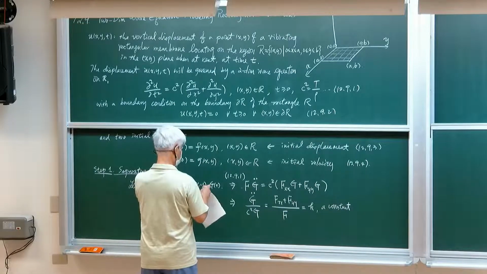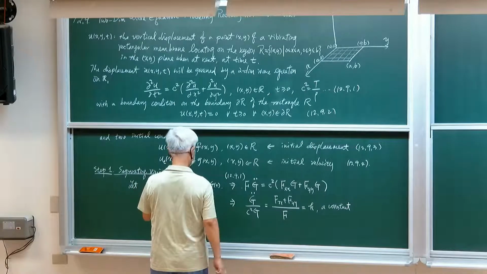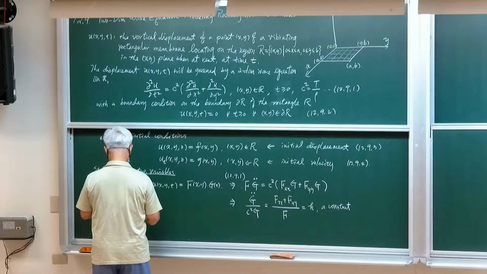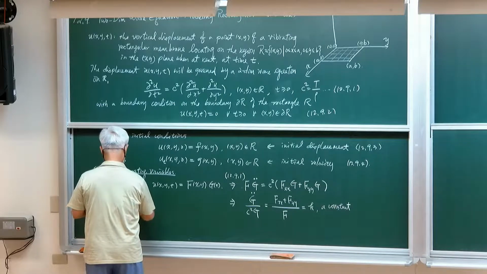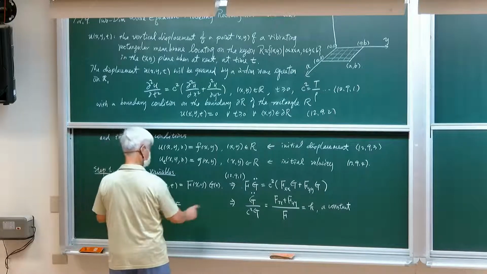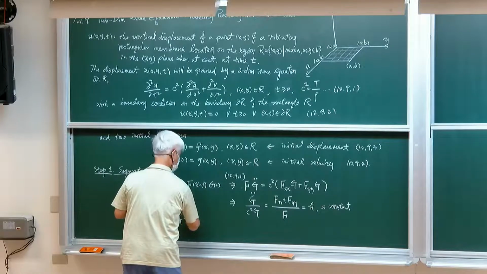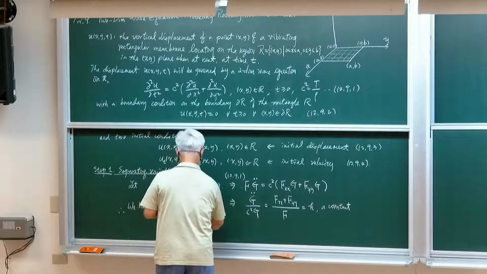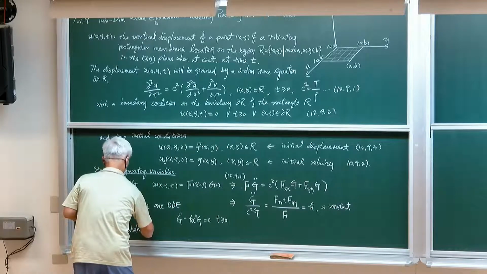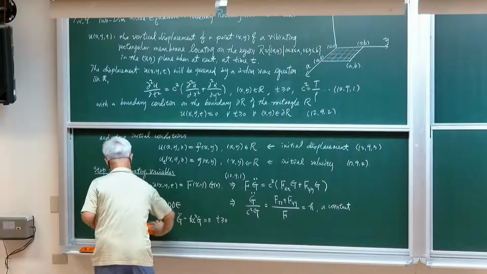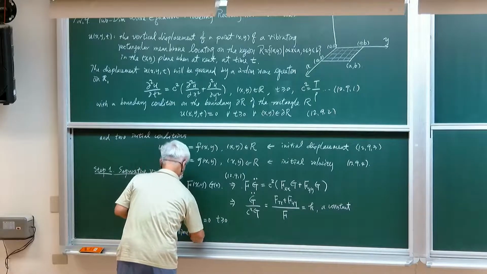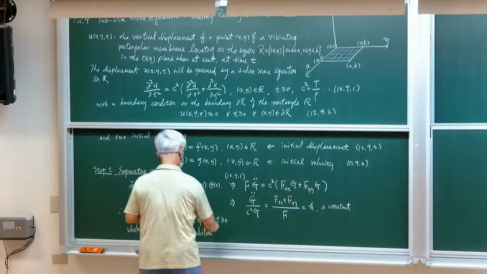From here we have two equations. One ODE, which is g double dot minus k c squared g equal to 0, which governs the time evolution of the displacement.